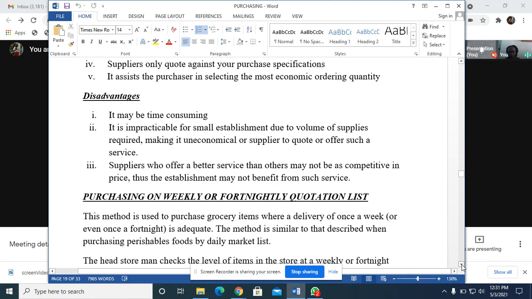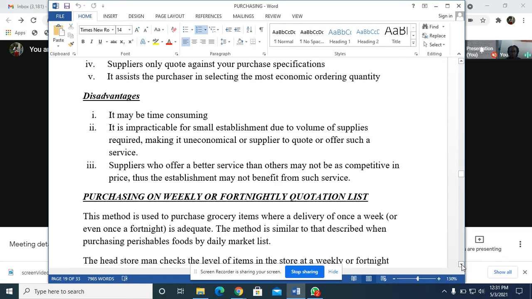Then number 5, it assists the purchaser in selecting the most economic ordering quantity. So the purchaser, that is the catering outlet, will have to ensure that the commodities they are purchasing are the quantity that is most required, and they will not order commodities that are going to be more or less than needed.